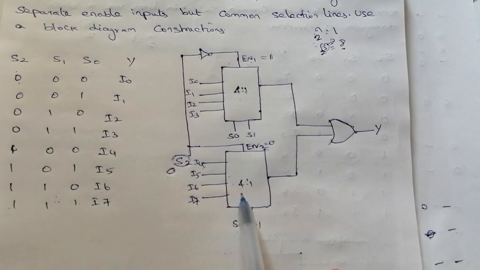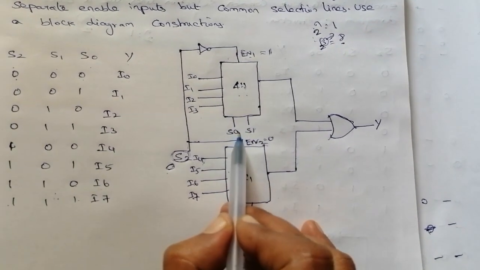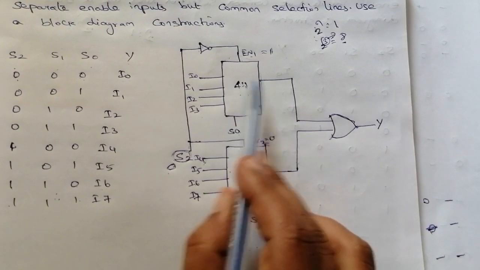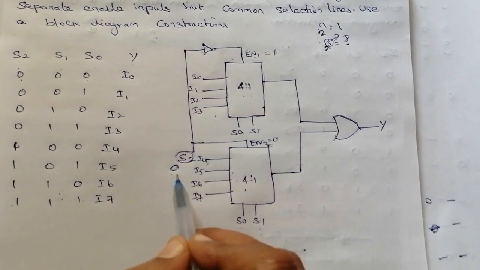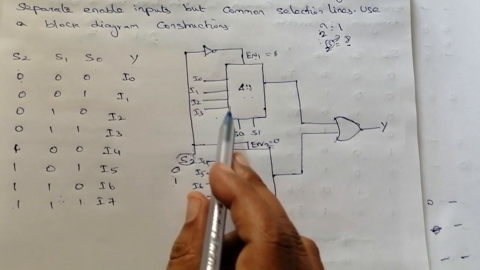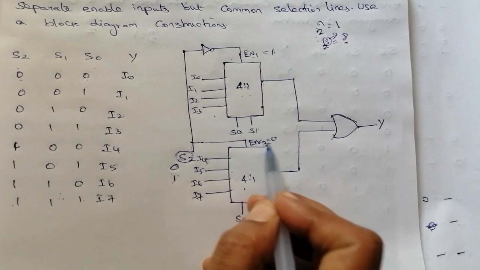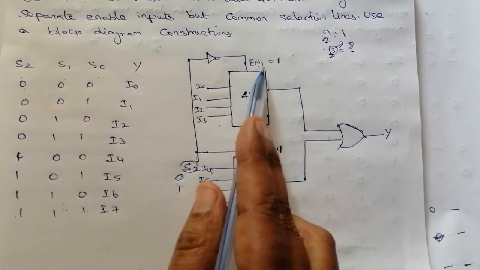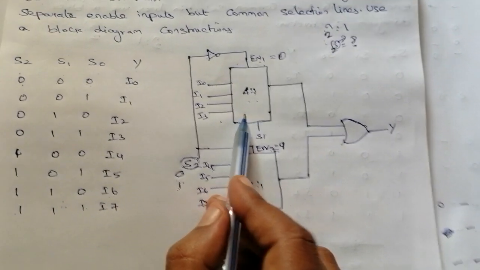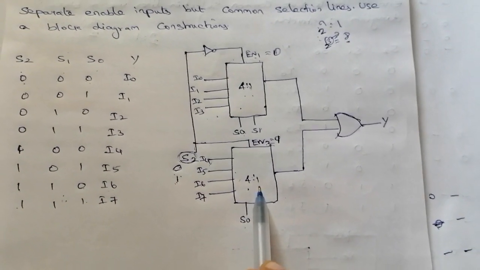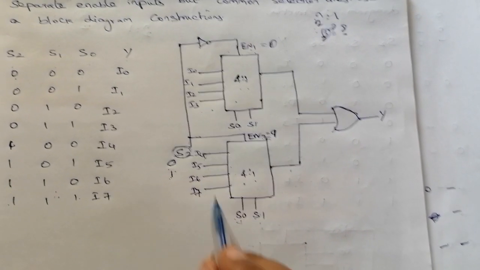This mux is disabled. Then, for the enabled mux, based on the selection lines, the output will decide one input, right? If I give S2 equal to 1, then which mux will be enabled? If S2 equals 1, enable 2 becomes 1 and enable 1 becomes 0. So this mux is deactivated and this mux is activated. Now based upon the selection lines, it will select the particular input.